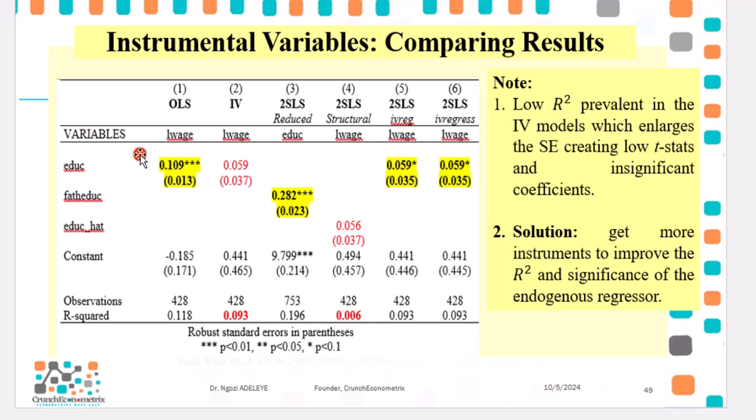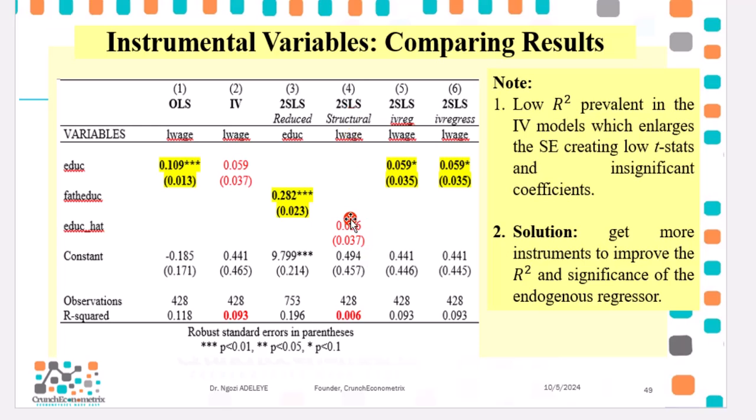So if you look across, the OLS coefficient is statistically more significant than the other models where I use instrumental variables or instruments. So OLS significance at the 1% level. And if you look at the reduced form model using Fabove also shows a very good instrument, significance at the 1% level. Looking at the reduced form model, okay?